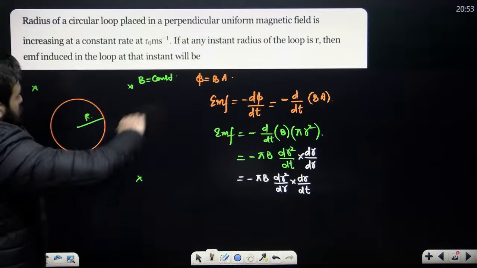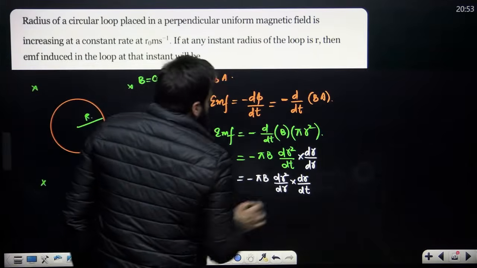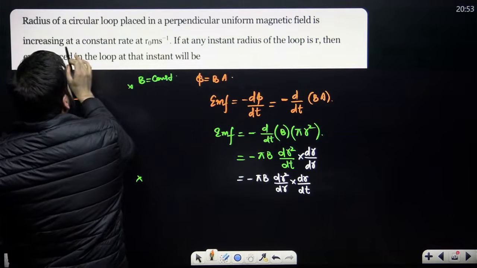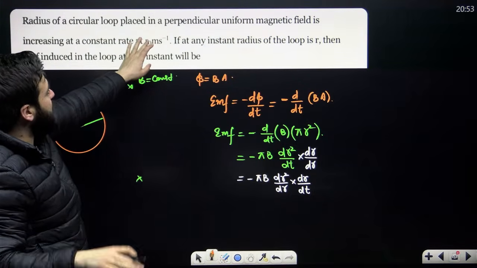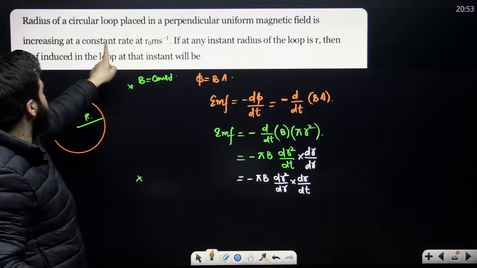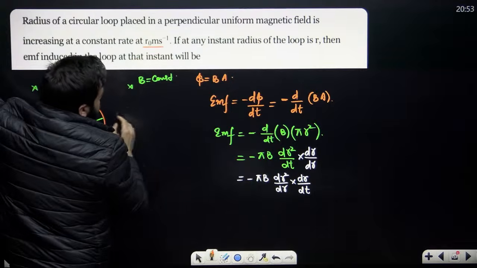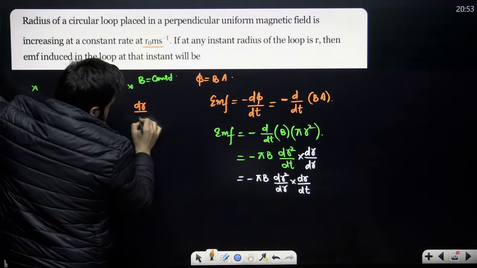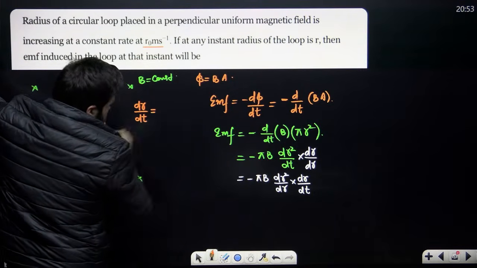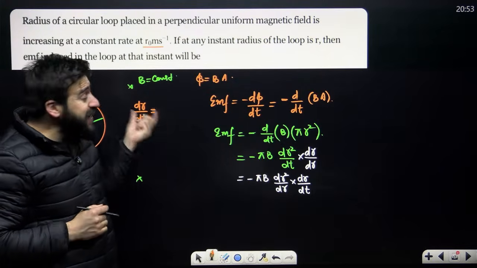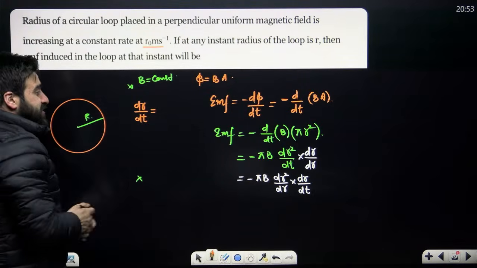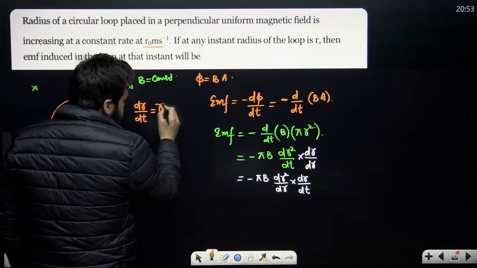Now see, what does the question say? The radius of the loop placed in a perpendicular uniform magnetic field is increasing at a constant rate. This means dr by dt, the rate of change of radius with respect to time, is R0 meter per second.